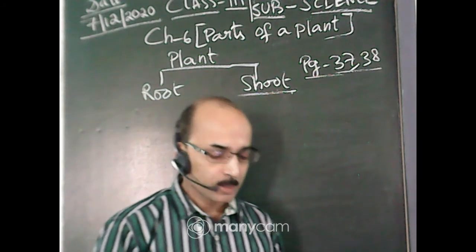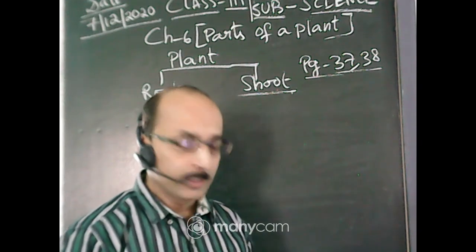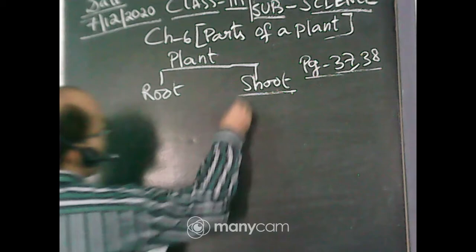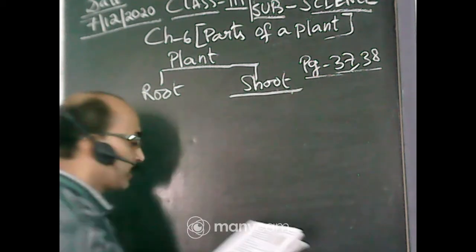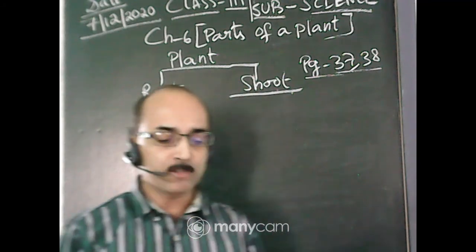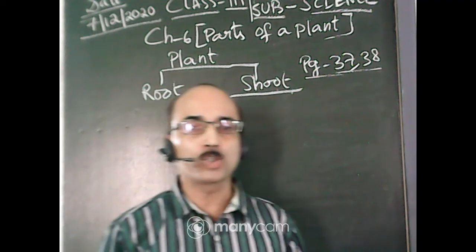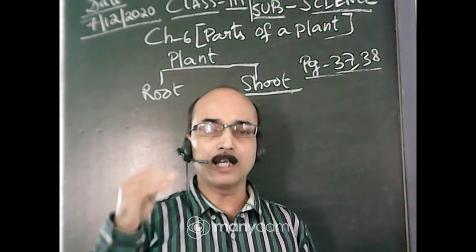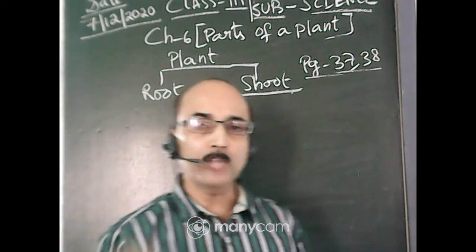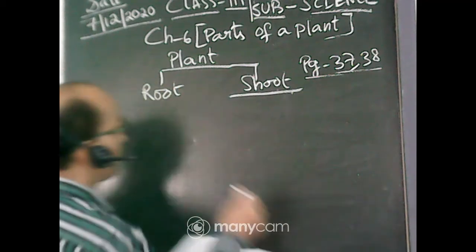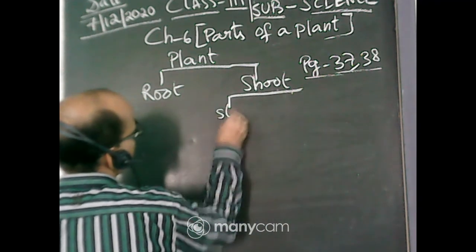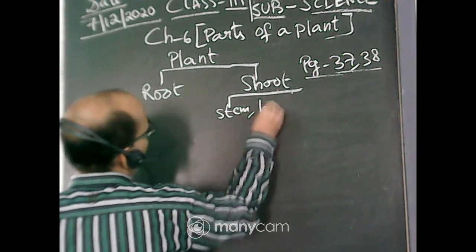Okay. So then we will start with the shoot. The part of the plant that remains above the ground is called the shoot. A shoot has stem, branches, leaves, buds and flowers.